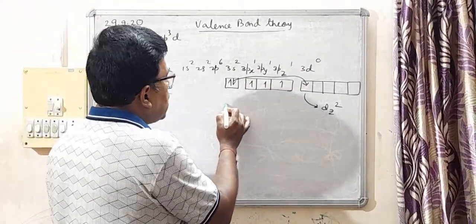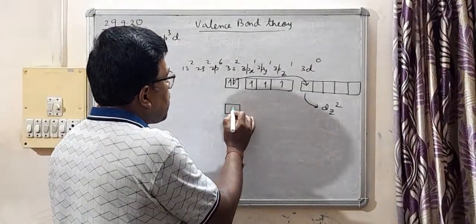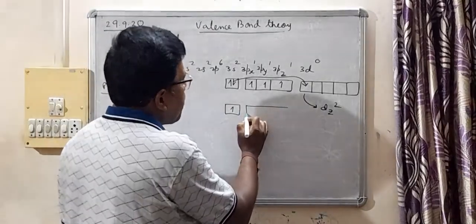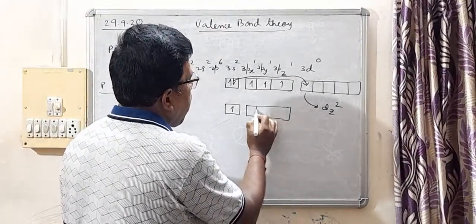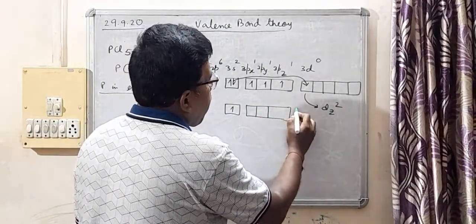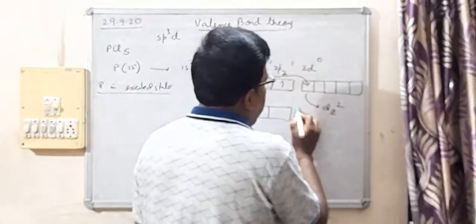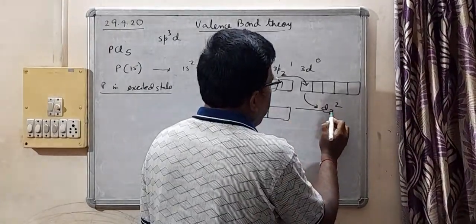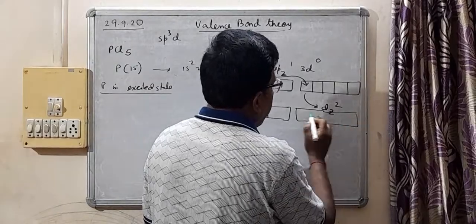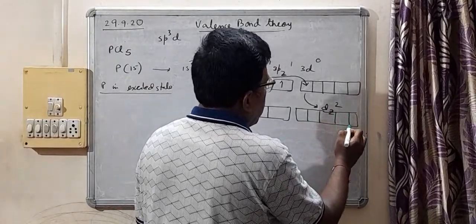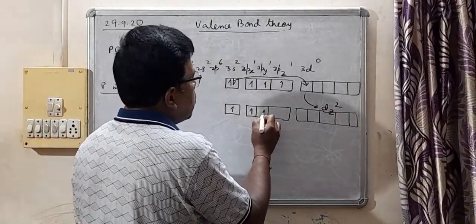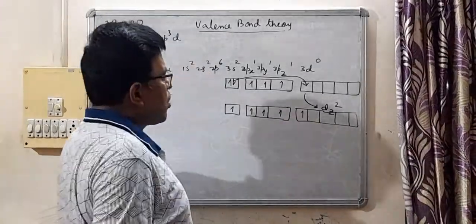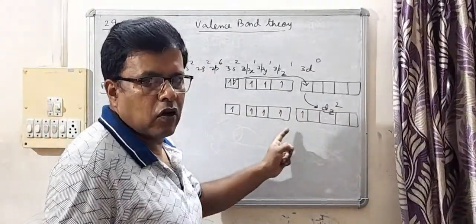So the excited state configuration will be... now you see we have got 5 half-filled orbitals.